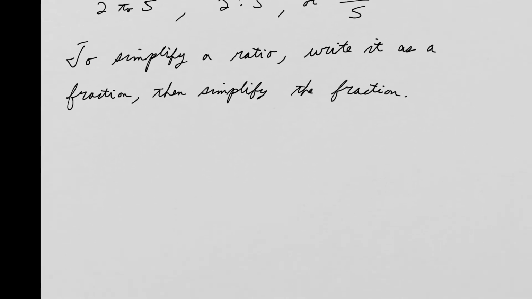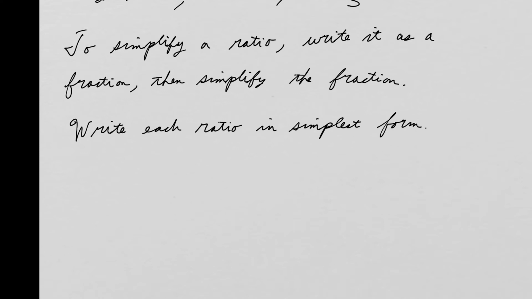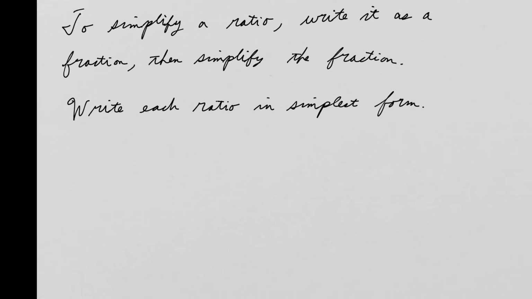Okay, so here are some examples. Let's say I want to write each ratio in simplest form. If I'm given the ratio 9:12, then I'm going to write it as a quotient, or as a fraction, so 9/12.